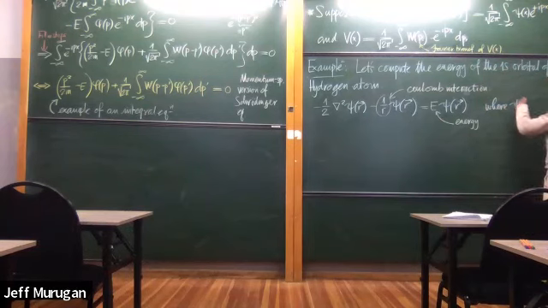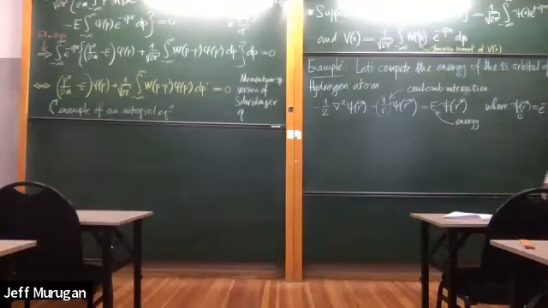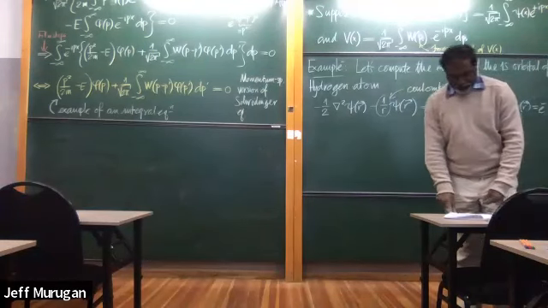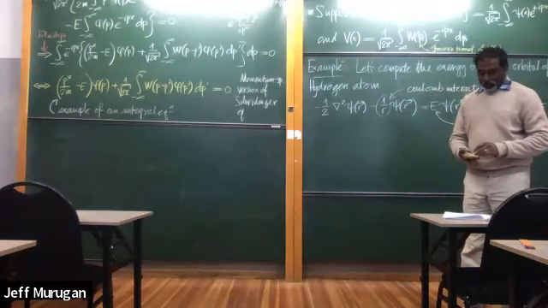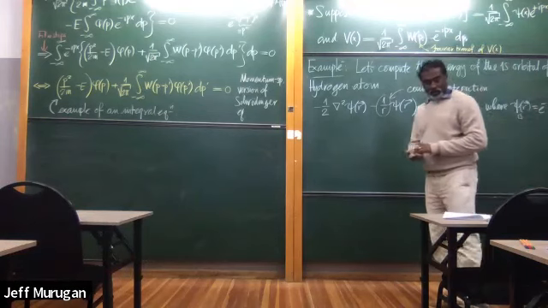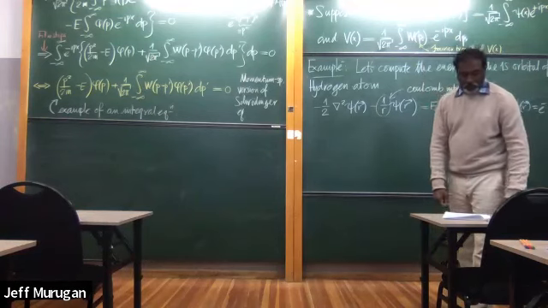So psi of r for the 1s orbital is e to the minus r. Okay. So the first thing is, I know what the Fourier transform of 1 over r is.